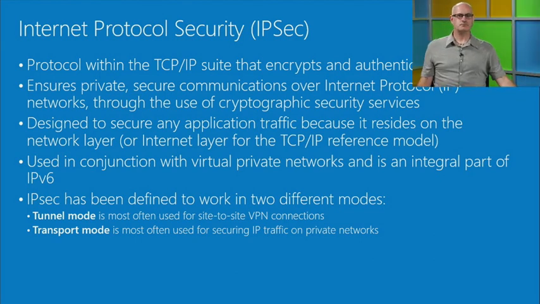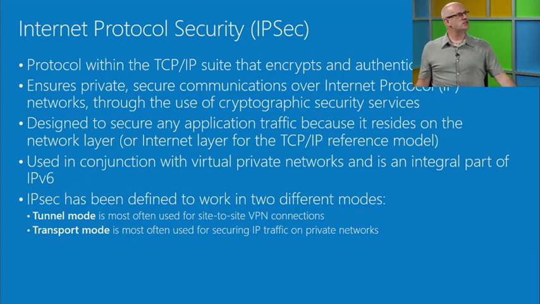Hence IPSec. Yes, so IPSec allows for securing application traffic, resides on the network layer, is used in conjunction with VPNs, and is an integral part of IPv6. There are actually two different modes for it: tunnel mode and transport mode.